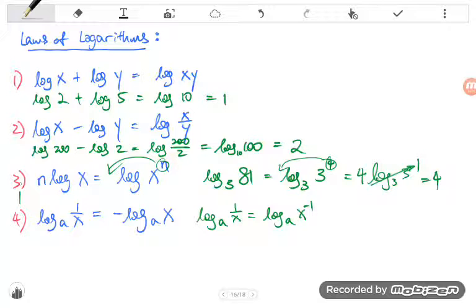And already when we were talking about the third law, I can bring this to the front. So that gives me negative log x to the base of a. Alright, so this is how we could use these laws to help us evaluate values.